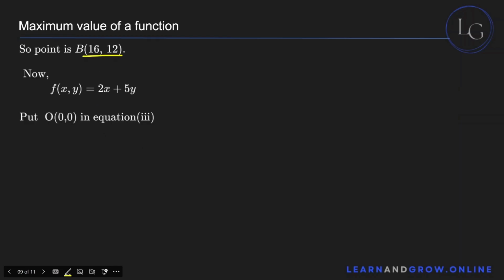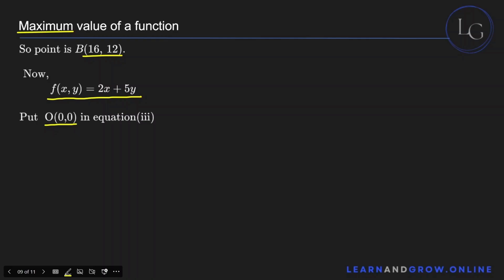Now, this was the objective function given to us, and we need to find the maximum value. So when you plug in the value of the corner points, again, the function is minimum or maximum always at the corner points. So we do it one by one. First, we have O, which is 0, 0.